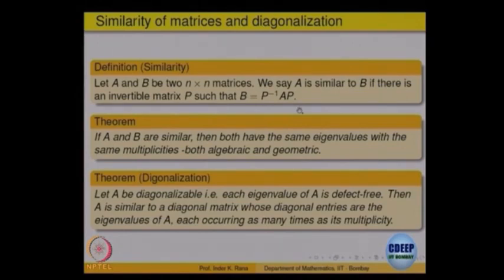In terms of this, diagonalizability can be stated as: a matrix A is similar to a diagonal matrix if and only if the algebraic multiplicities are equal to the geometric multiplicities, and we can find that. That is also the diagonalization process. It is a rewriting in terms of the terminology of when two matrices are said to be similar, because that is useful later on in other contexts also.